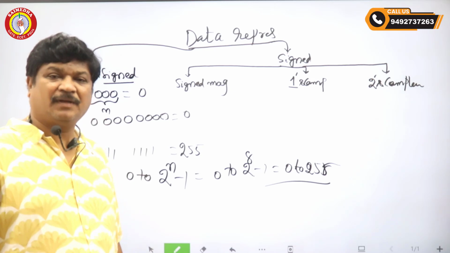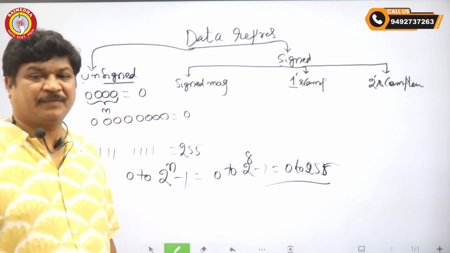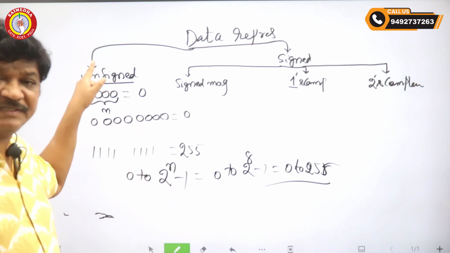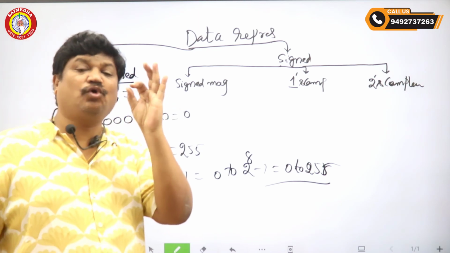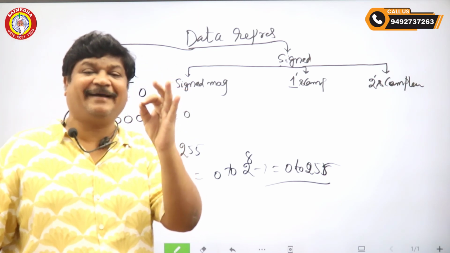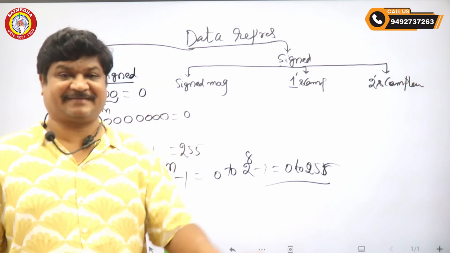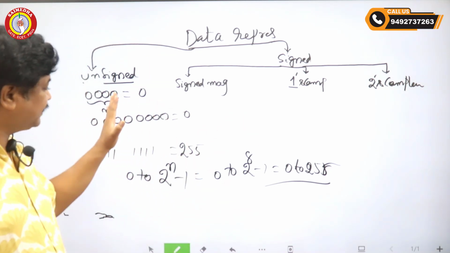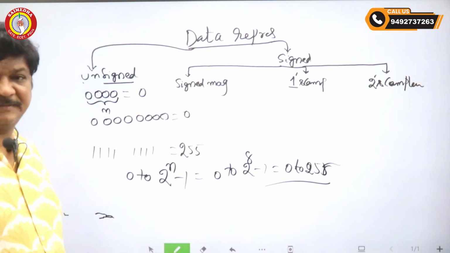What is the drawback here? In this data representation, there is no possibility to represent negative numbers. We can represent only positive numbers.